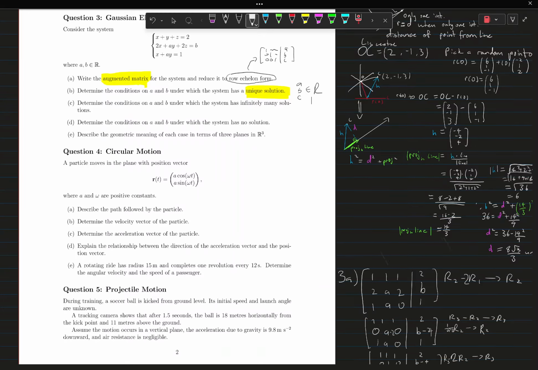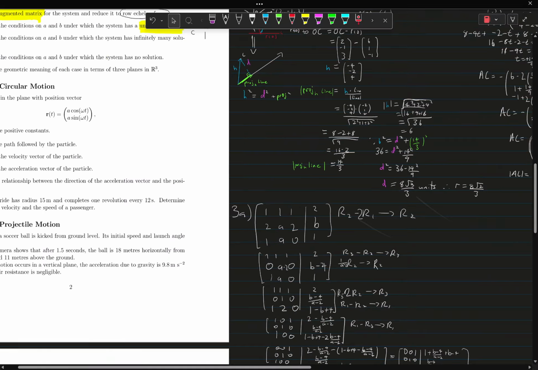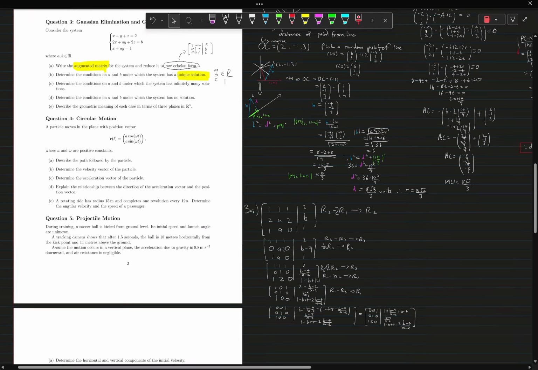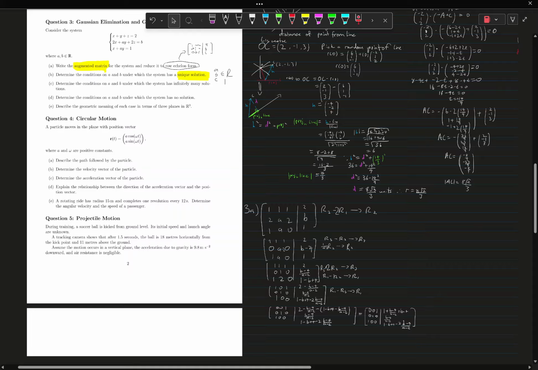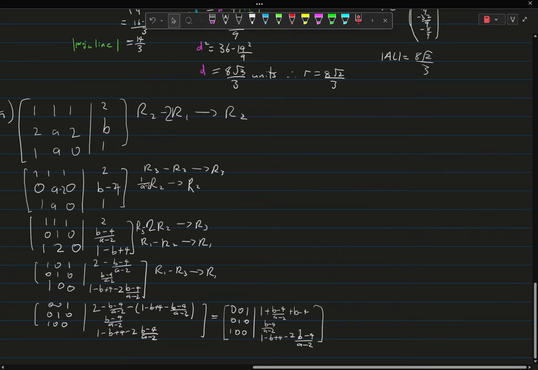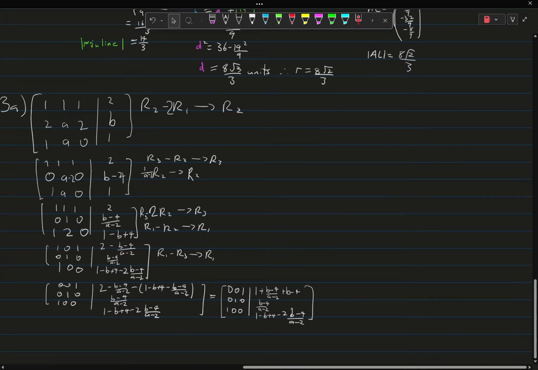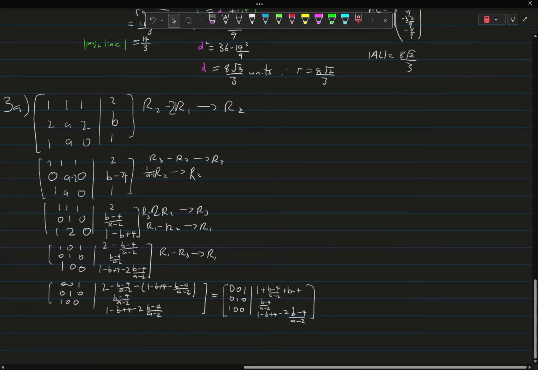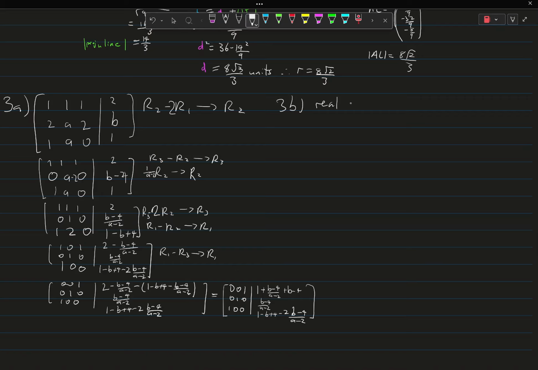Conditions on. We just need to have, for a real solution, one row being 0, A, 0, B, and the real numbers.